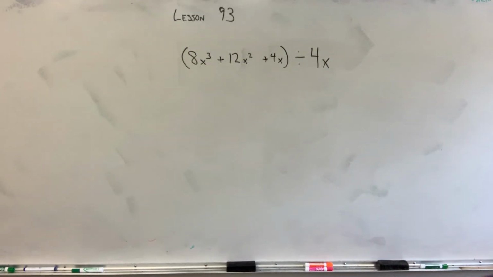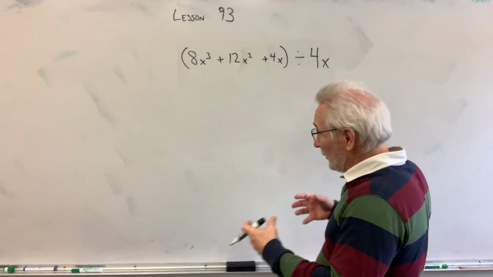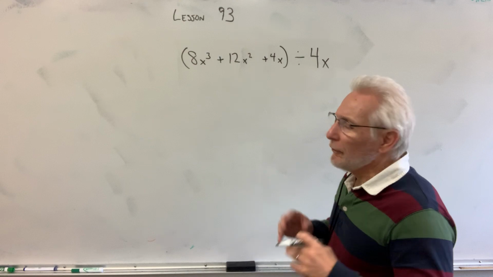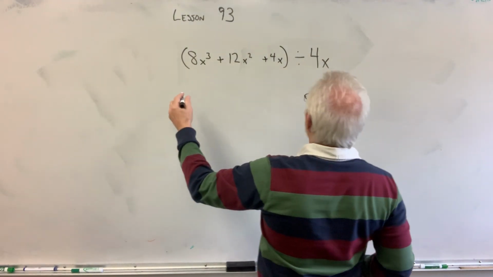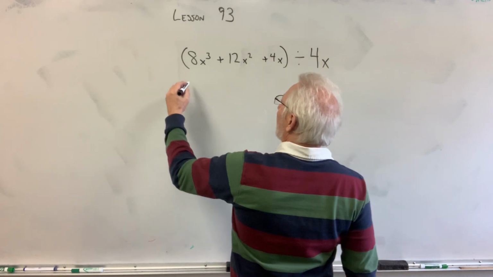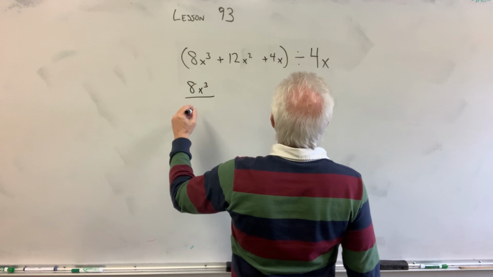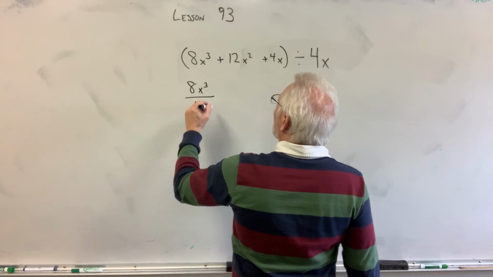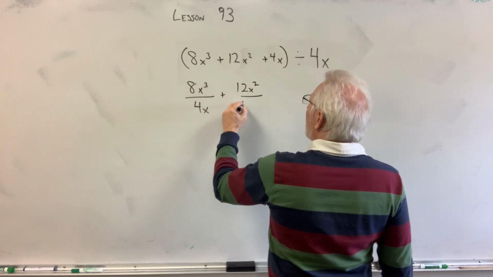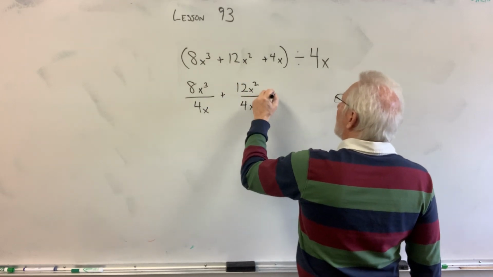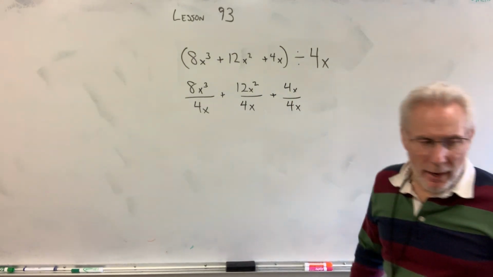Well, the simple way to do this doesn't always work as easily as this, but these aren't that difficult of problems. Is you take each one of these terms and divide it by what you have right here. So you can take 8x cubed divided by 4x plus 12x squared divided by 4x plus 4x divided by 4x.